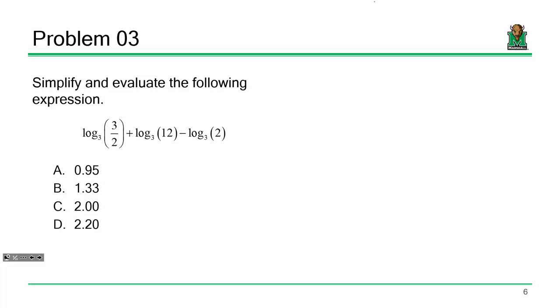Okay? Now, if you remember, if I've got 2 logarithms that are added together, I can take those 2 terms inside and create a product. Or if they're subtracted, I can create a quotient. In other words, something like this. Let's just sort of rewrite the expression.